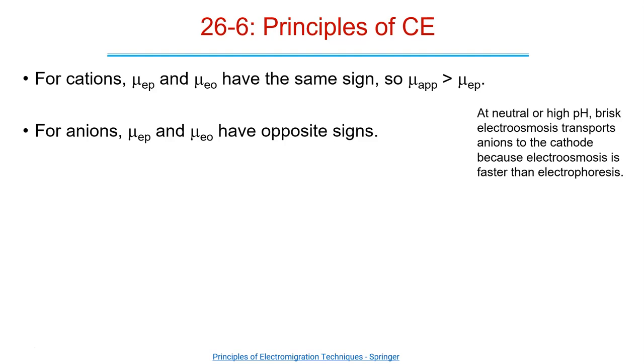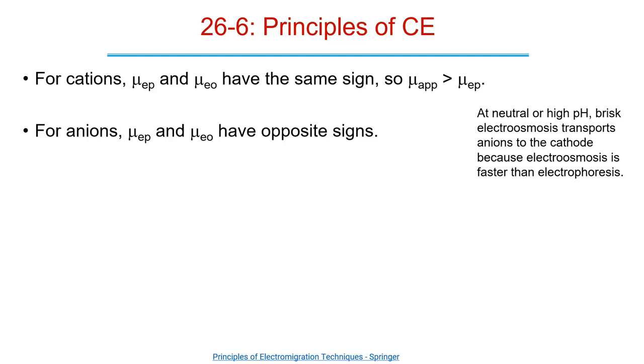Now, what things? Well, it's going to be the cations, because the detector is by the negative electrode. So the bulk solution is going to want to move to the detector because we've set up an electroosmotic force. And for cations, the ion itself is going to want to move in that direction.